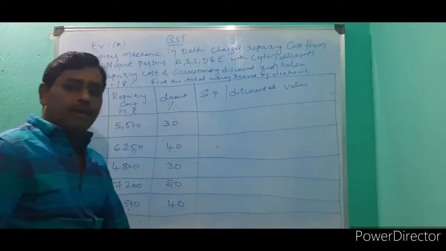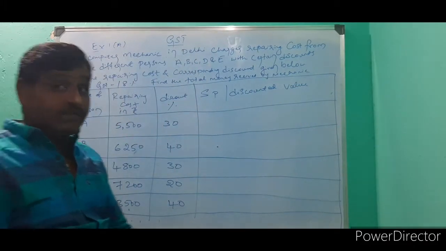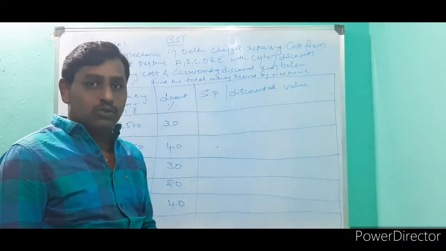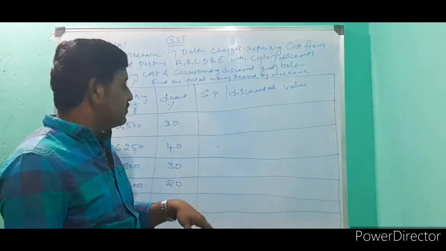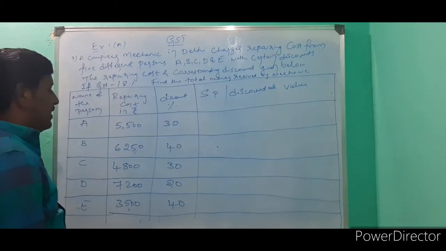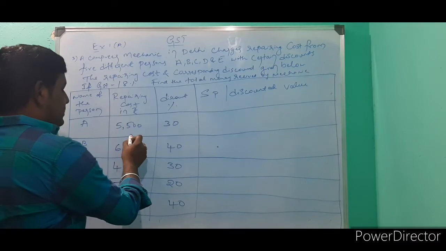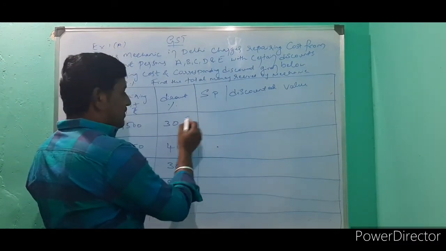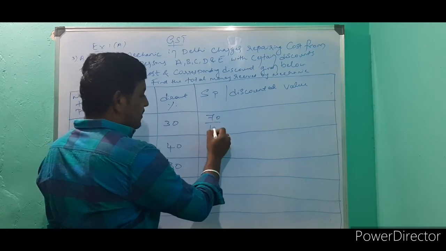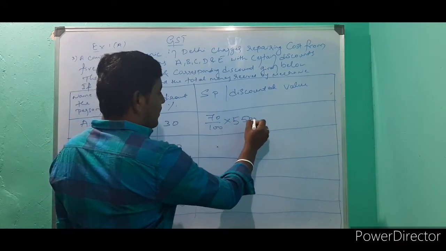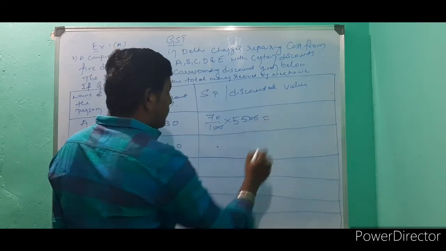In the first problem, first we found the discount amount and then subtracted, so we used two steps. Here we reduce one step and directly find the selling price. If they are given 30% discount, then for 5,500 of person A, out of 100, 30 will go, so 70 divided by 100 into 5,500. You can cancel these two.